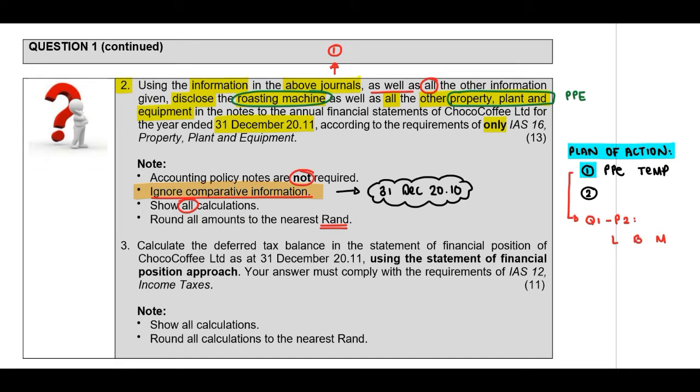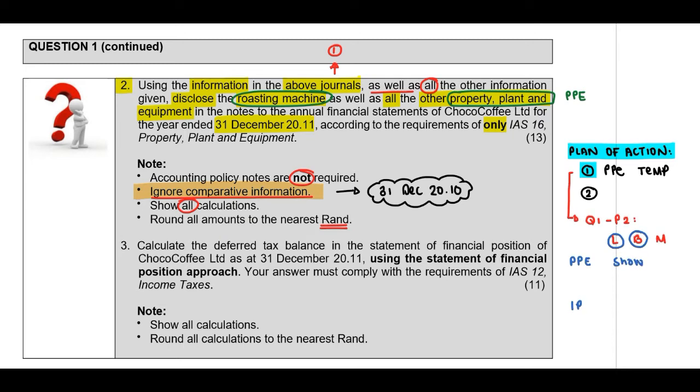Extremely important. If you compare your PPE note with your investment property note, I just want to indicate this to you. PPE note, investment property. Your PPE, you have to disclose your land and your building separately. Therefore, you have to show land and building separately.